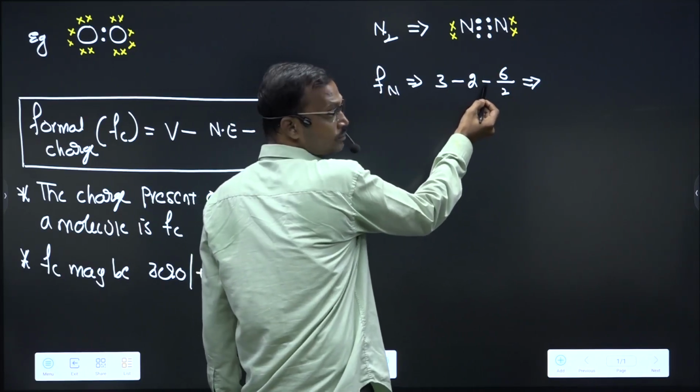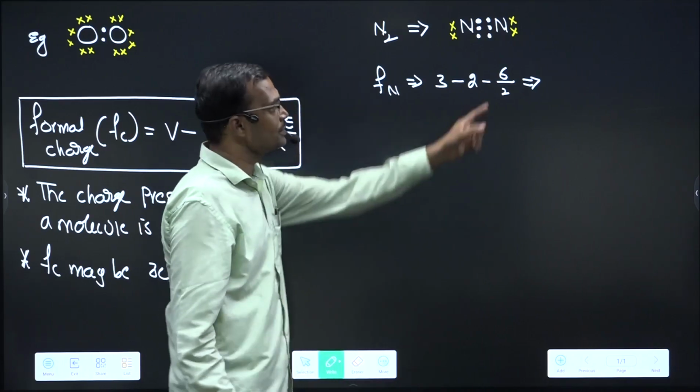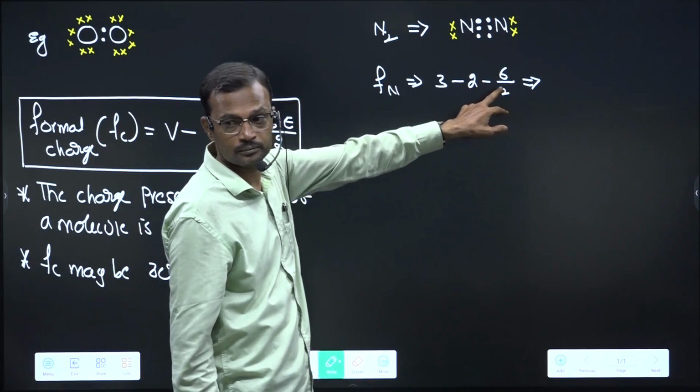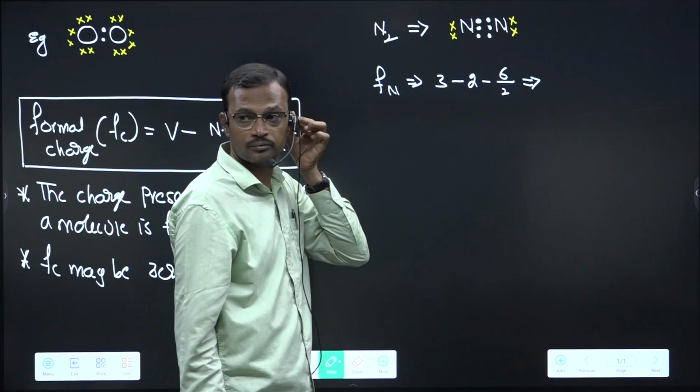6 by 2, how much? 3. Then what is the formal charge? Is it right?